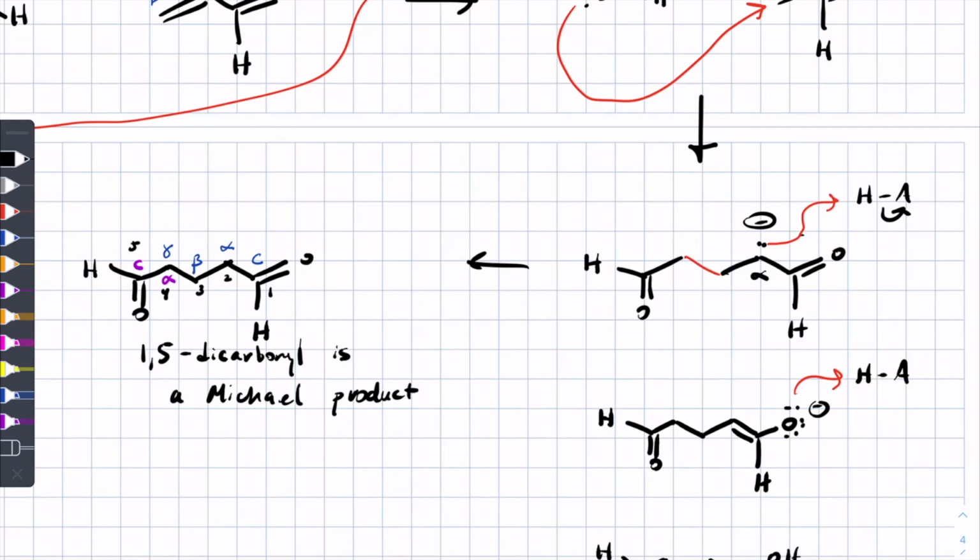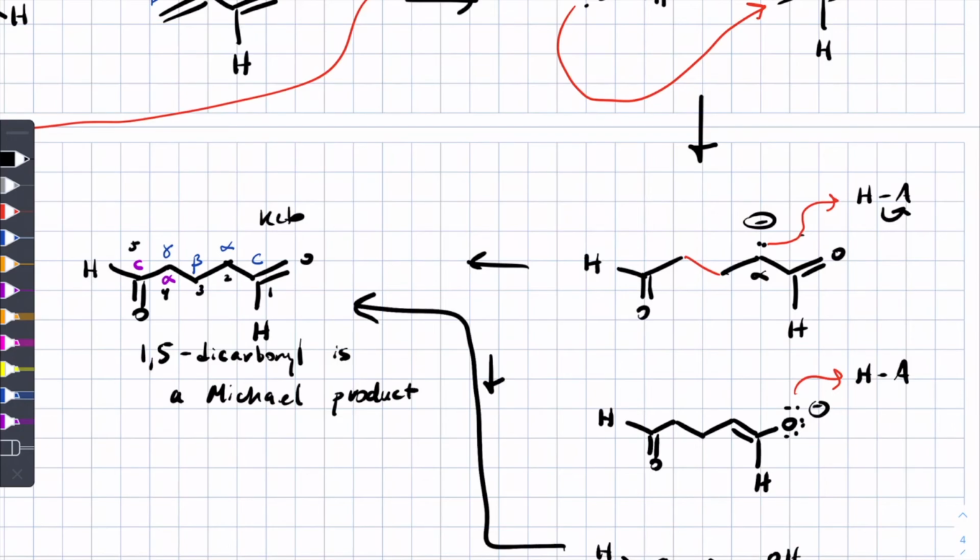So you actually make the enol first, but the aldehyde is more stable than the enol. So what will happen over time is we'll remove the proton and put it back on the alpha carbon to get the more stable keto product. But yeah, that does form. This is the enol form, and it's in equilibrium with the keto form, but the keto form is more stable.